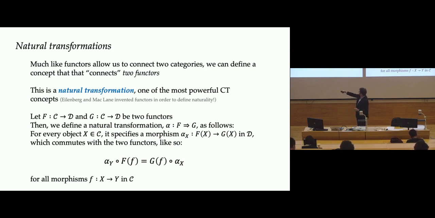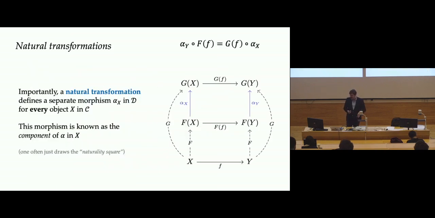For every single object x in my first category, the natural transformation defines a morphism in the other category, which connects the 2 mappings of that object, in such a way that this compositionality constraint is satisfied for every single morphism connecting x and y. So how does this work in practice? This is best visualized once again in a diagram.